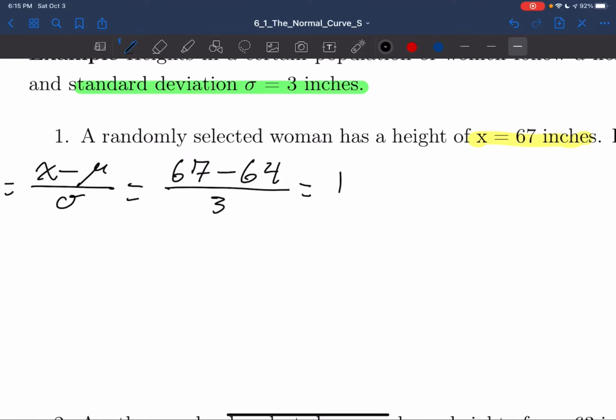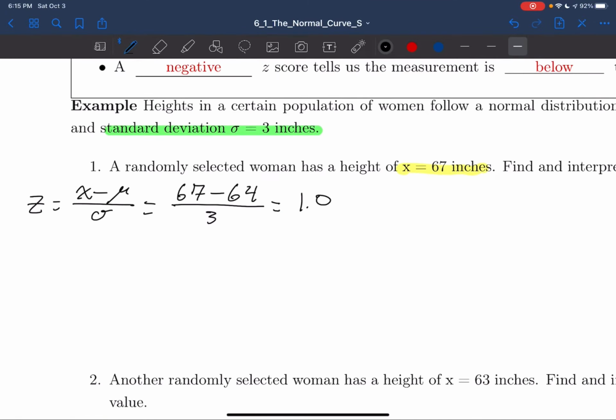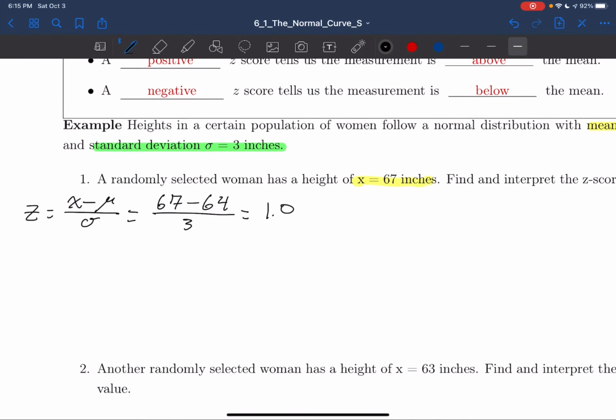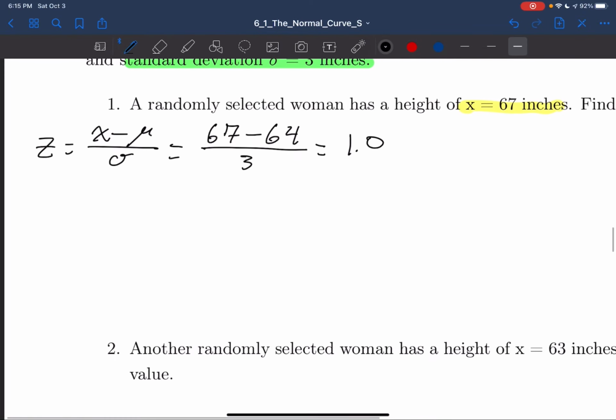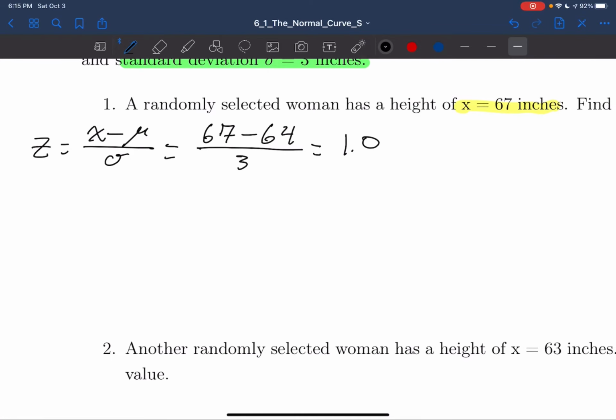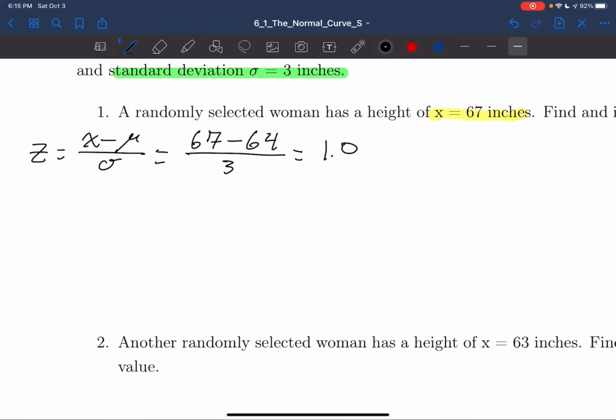And this is 1.0. But what does this mean? That's very important. Anyone can compute this, but we need to interpret it.